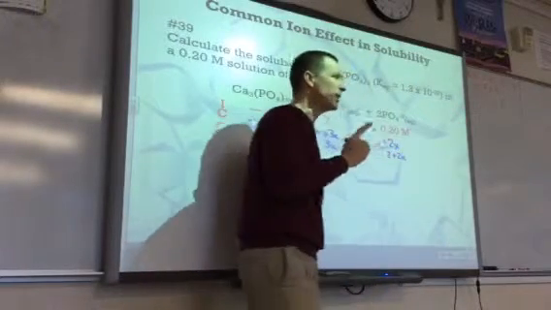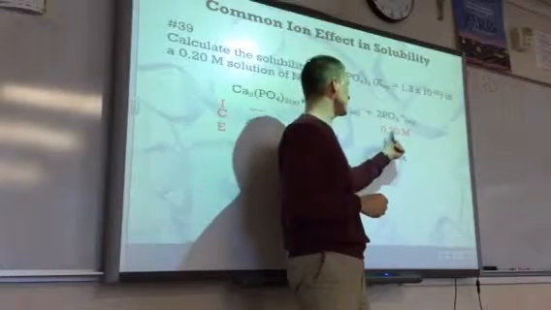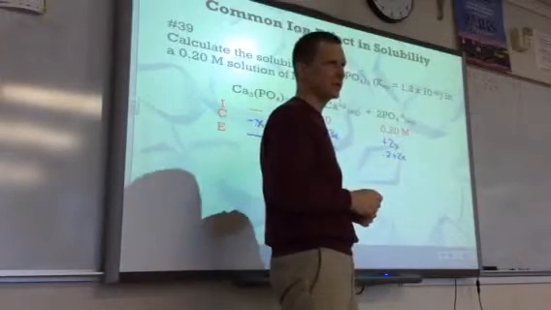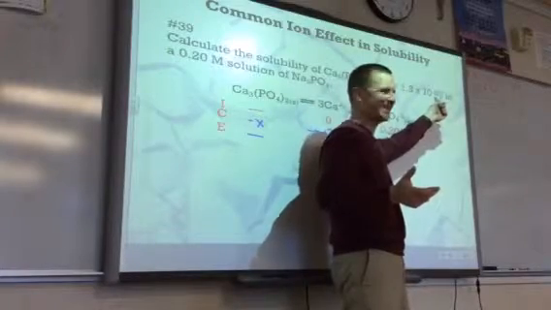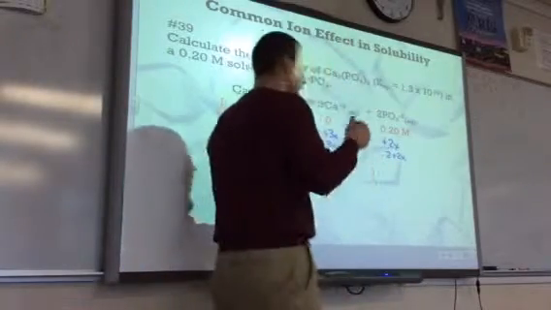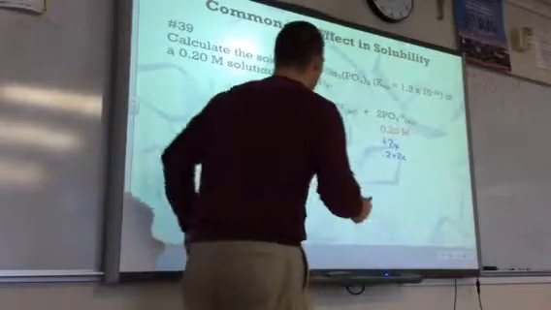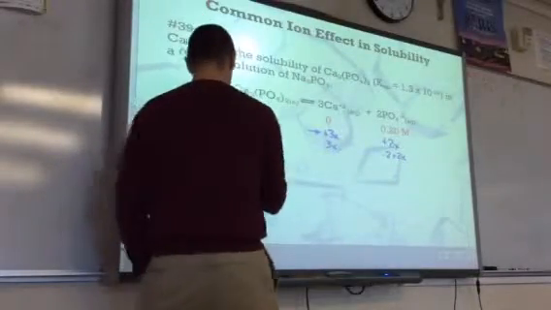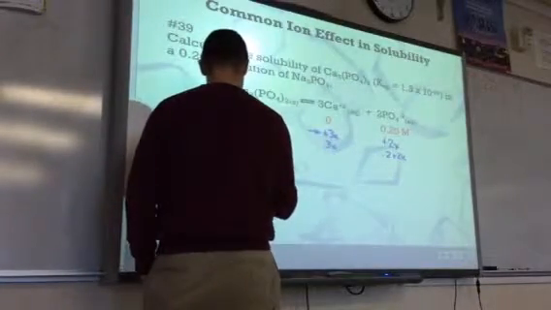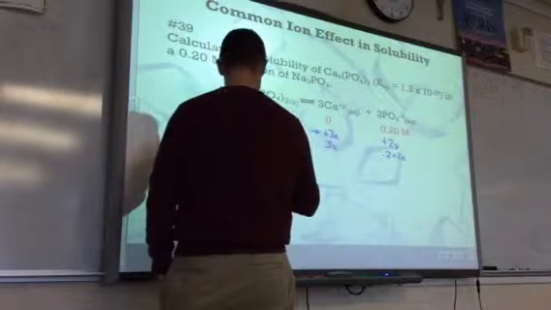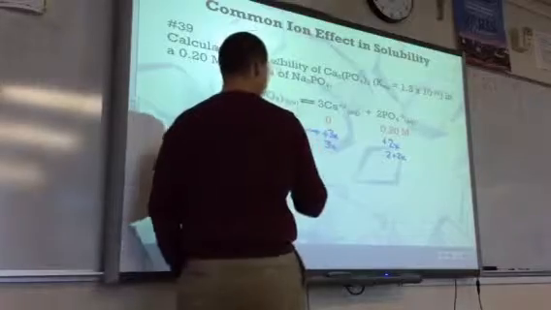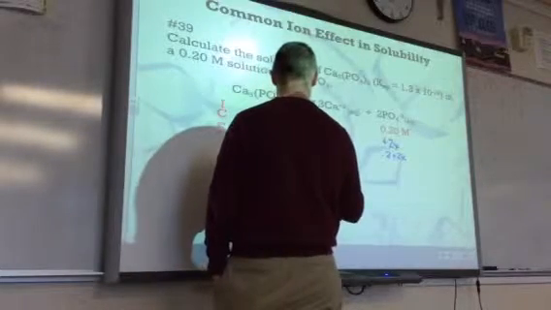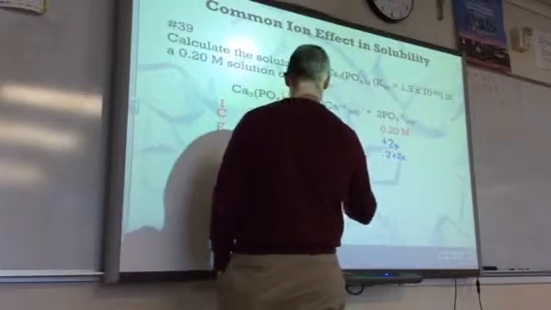Now is x going to be big compared to 0.2 or small compared to 0.2? It's very small. Look at that K value, 10 to the negative 32nd power. That's a small K. So we know that x is going to be a very small value. So it goes like this. KSP equals calcium concentration to the 3rd power, multiplied by phosphate concentration to the 2nd power.